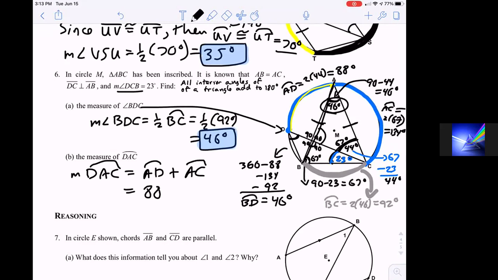So in other words, 88 degrees plus 134 degrees equals 222 degrees. There are other ways to do this. This is just one way. We could also take 360 minus 46, this part right here, minus 92, and we can get 222 that way also.